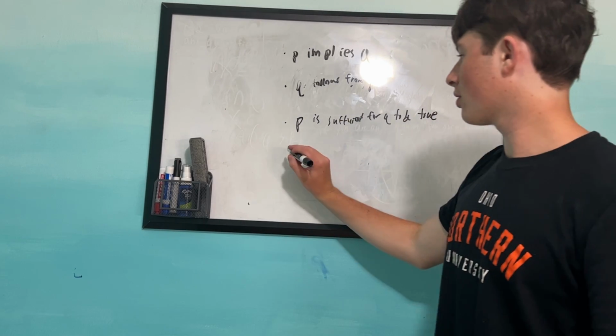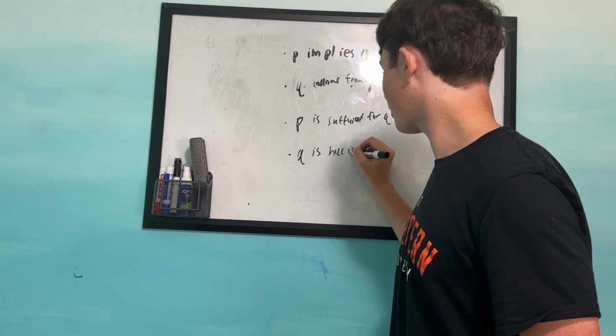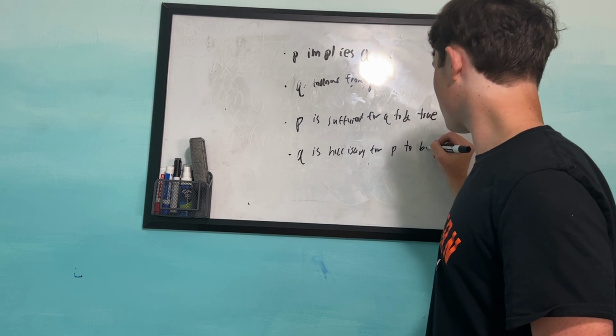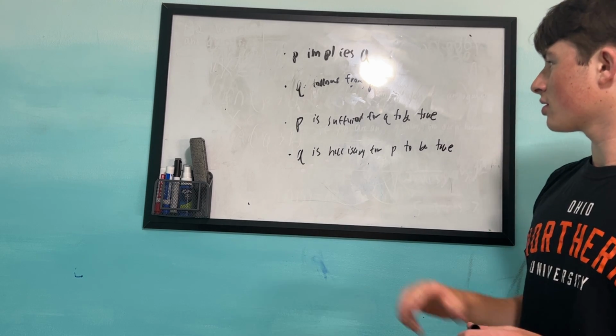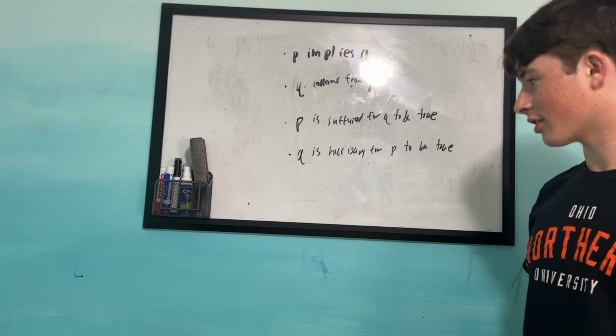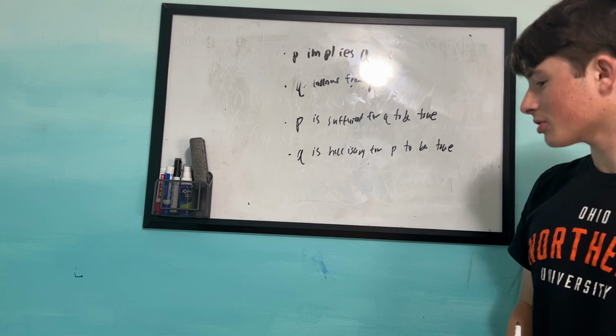And then Q is necessary for P to be true. This is similar to the second one. We have the conclusion started first in the sentence. Q is necessary for P to be true.